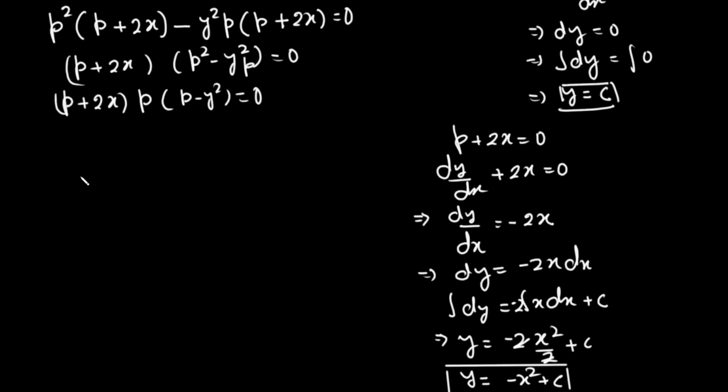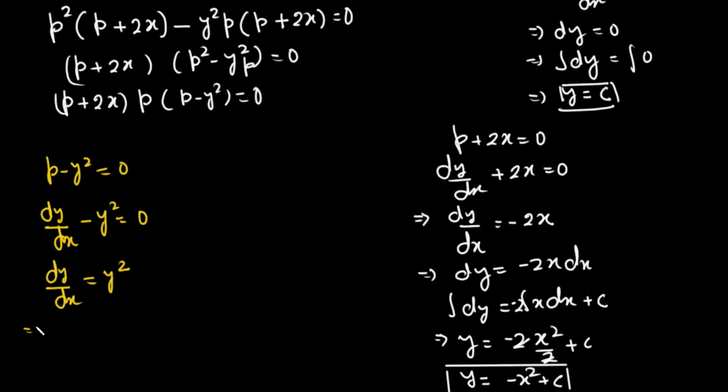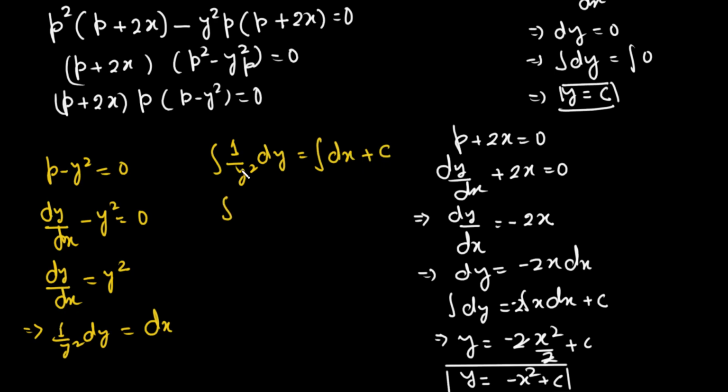Now the third factor is p minus y square equals to 0, writing dy by dx for p, dy by dx minus y square equals to 0, writing it in separable form. So dy by dx equals to y square, which can be written as 1 by y square dy equals to dx, right? Integrating, so separable form, integration of 1 by y square dy equals integration of dx plus arbitrary constant c. We can write it as y raised to power minus 2 dy equals integration dx plus c.